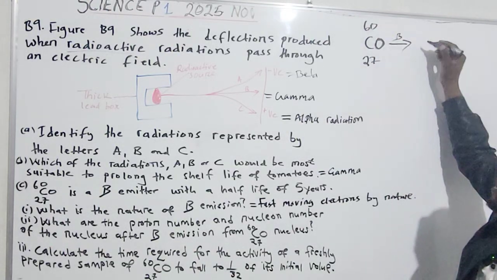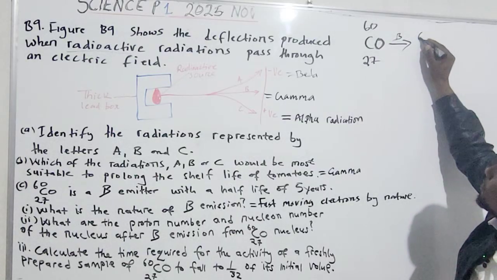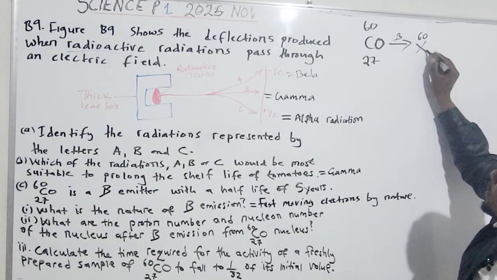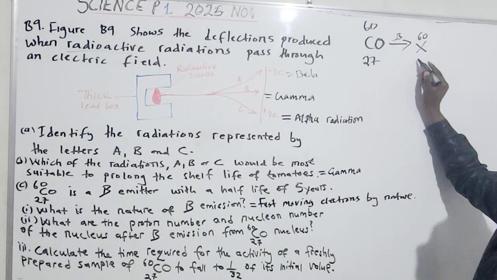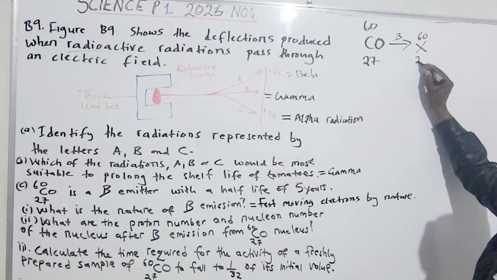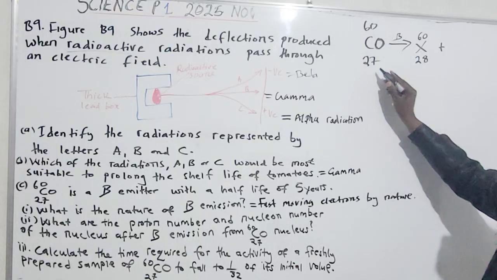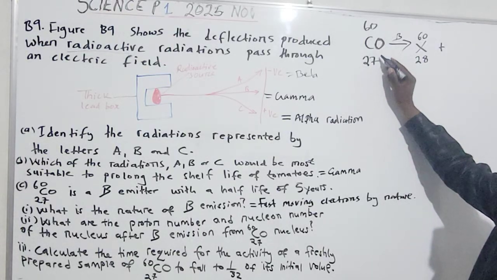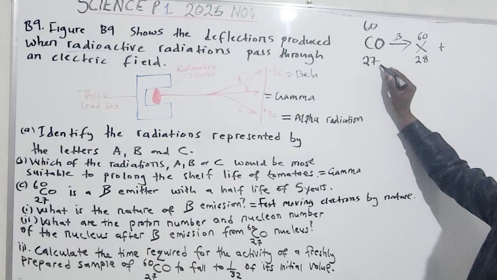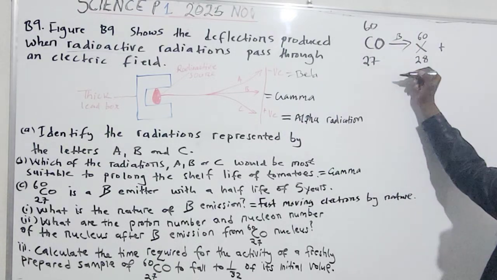The mass number remains the same, but the atomic number will increase by 1. Then we have 28. So the atomic number, or the proton number, will increase by 1, but the mass number, or rather the nucleon number, remains the same.